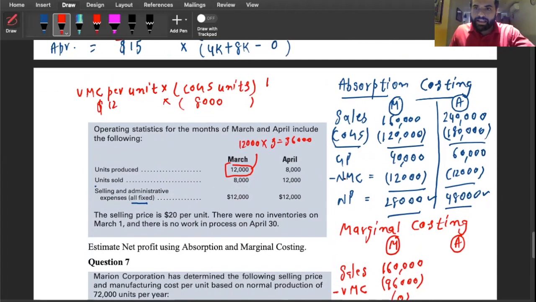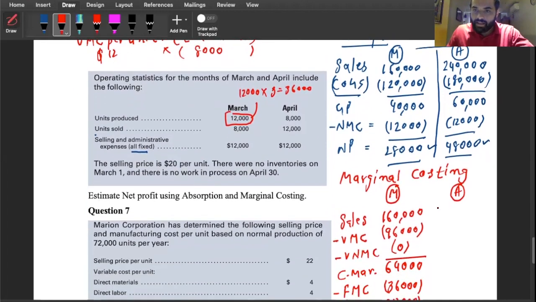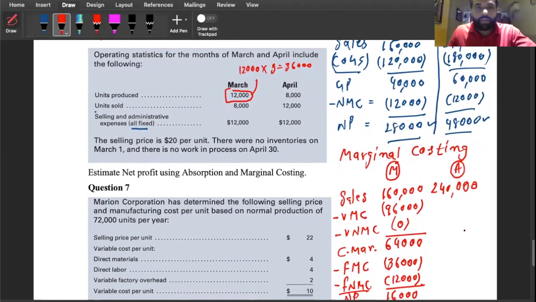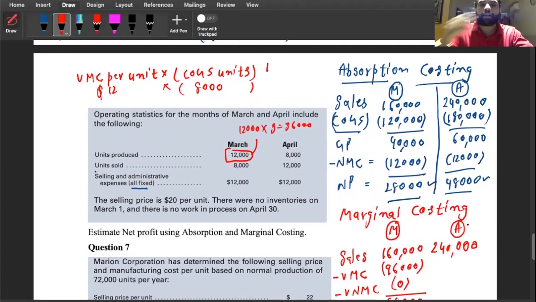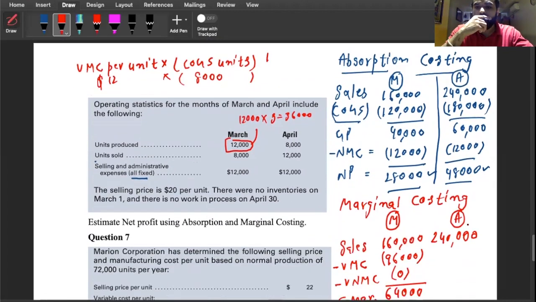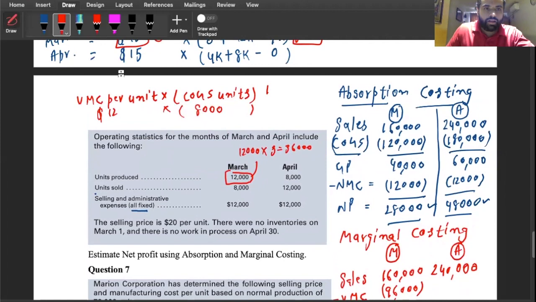So your sales for April is 240, right? Variable manufacturing cost. How much is variable manufacturing cost for April? This is for March, and this is for April. For April, it will be same, which is 12, multiplied by how many units?